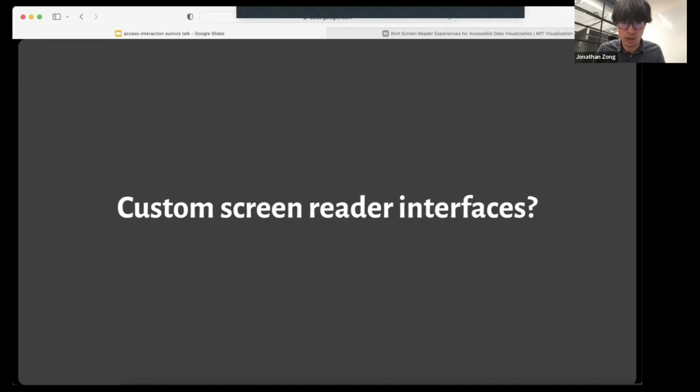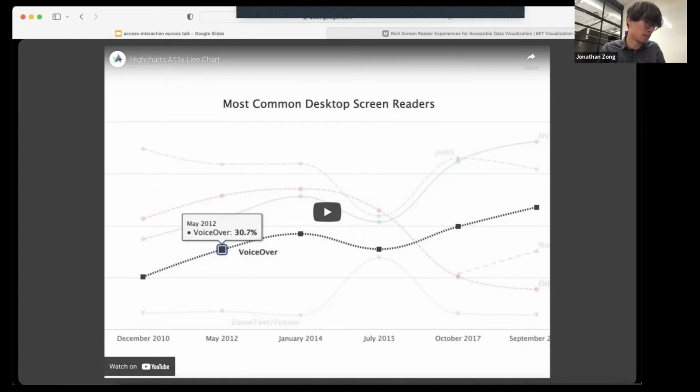So I want to talk about some examples of what current custom screen reader interfaces for data visualization look like. I think a good example of this is this demo from Highcharts, which is a data visualization library, and they have an accessible version of a line chart on their website.